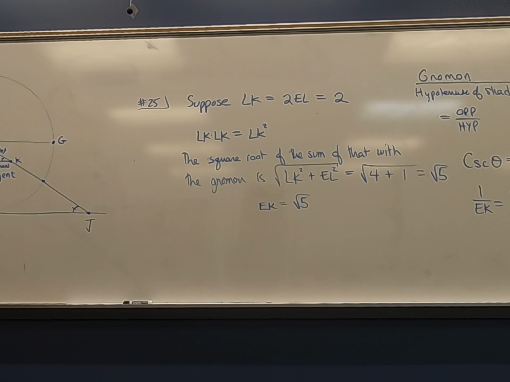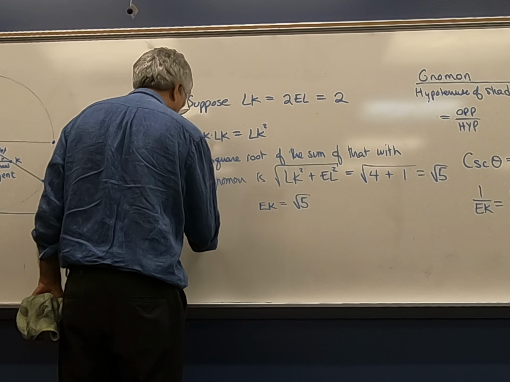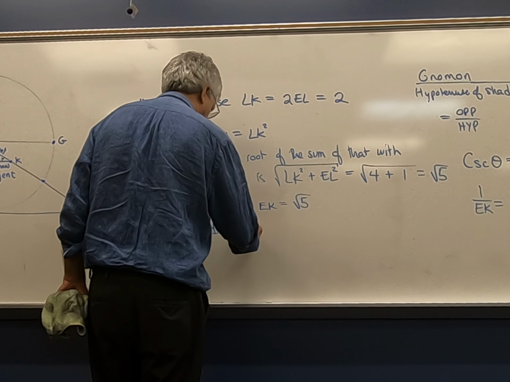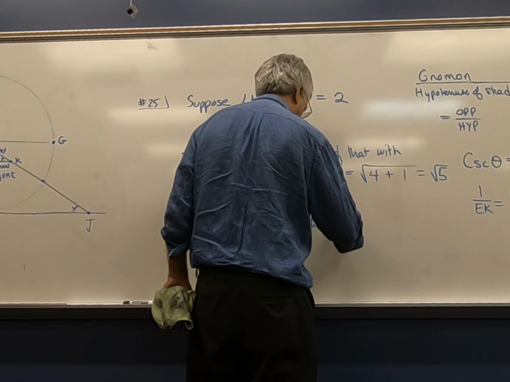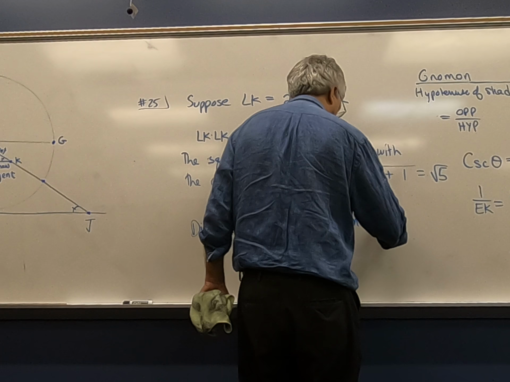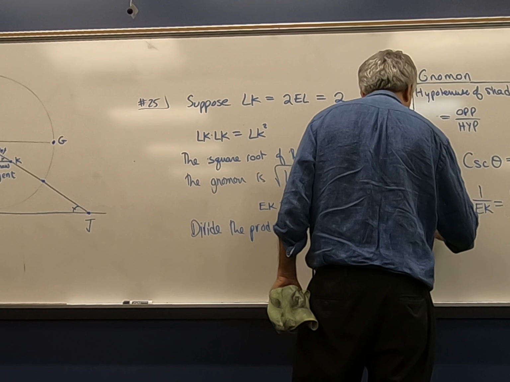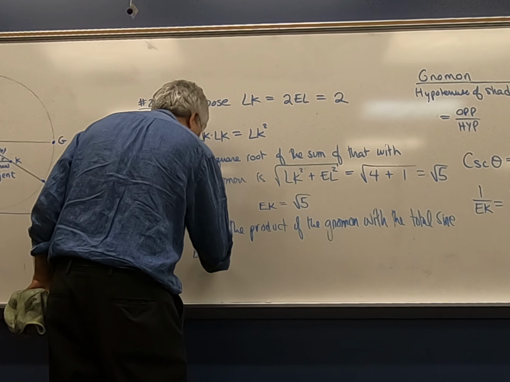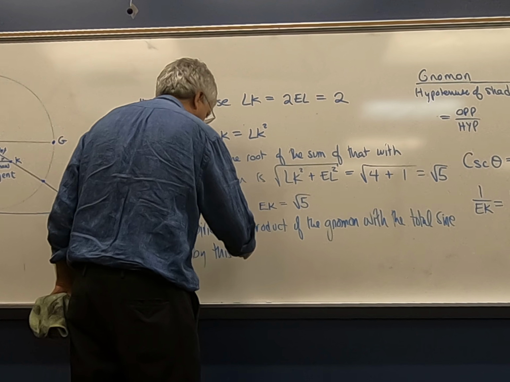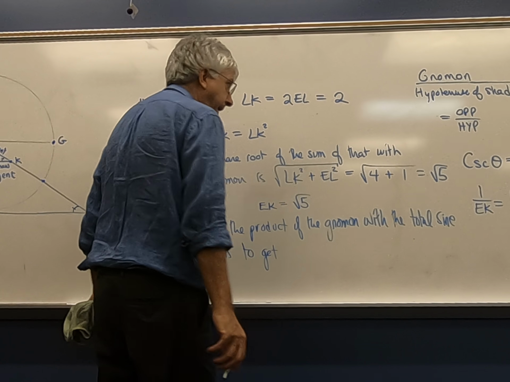Then divide the product of the gnomon with the total sine by the cosecant. Okay, we're going to divide the product of the gnomon, which is EL, with the total sine, which is R, by this cosecant. Okay, so divide the product of the gnomon with the total sine by this, right, to get, what are we going to get?